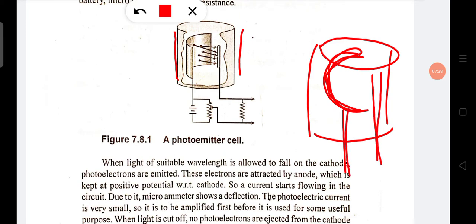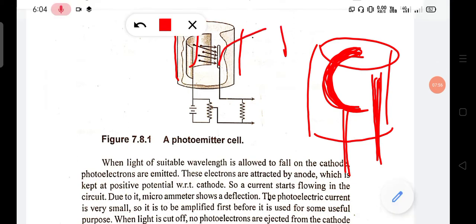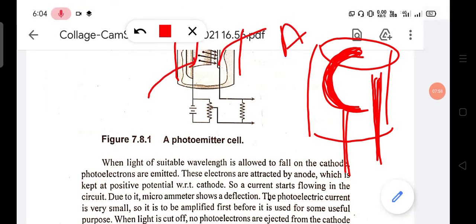These are the two terminals. Here you see this is the cathode and this is the anode.